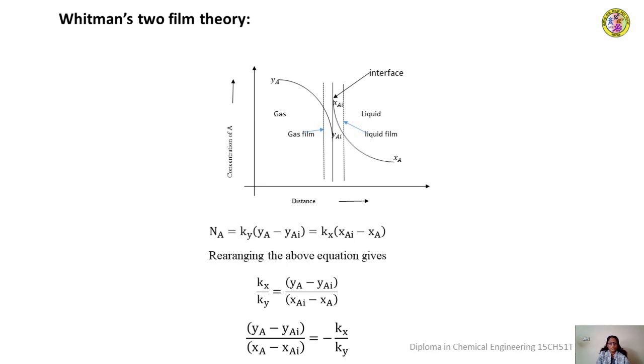Now if we draw this straight line on an XY diagram along with the equilibrium diagram, we can use the diagram to get a relationship between the individual coefficients, small kx and ky, and the overall coefficients, capital Kx and capital Ky.